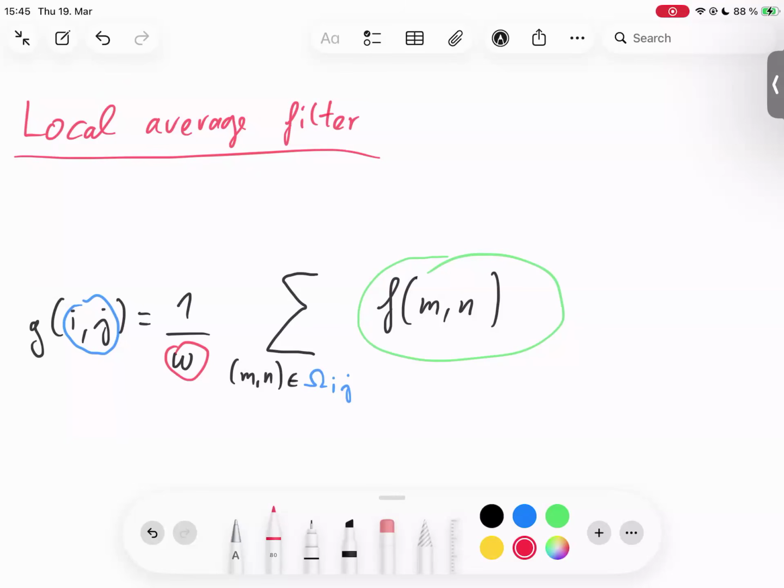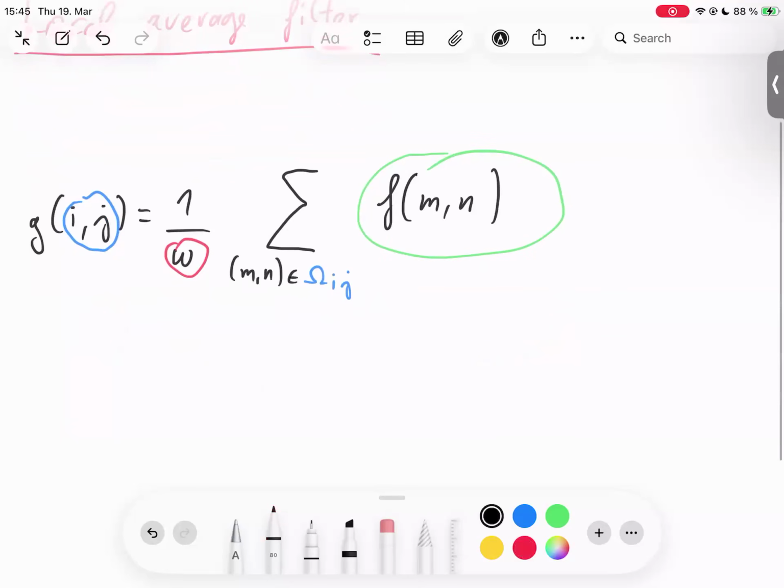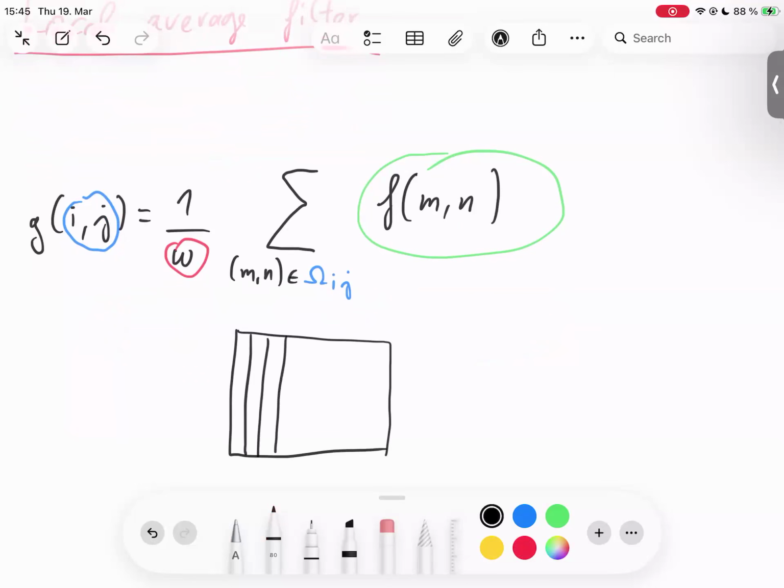This is a so-called local average filter, and this would make use of the redundancy of the data and replace the current pixel with the average of its neighboring pixels. For example, we can visualize this. Say I have this pixel image, and I'm just mocking this.